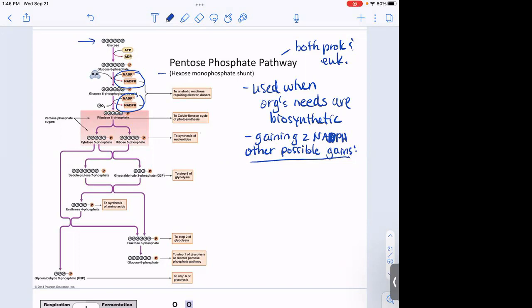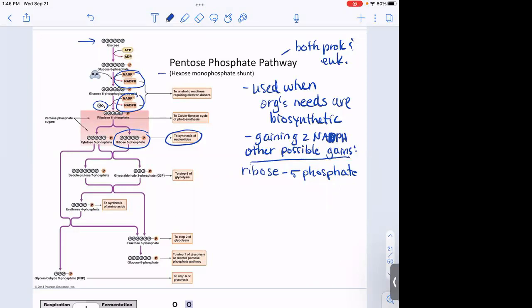If it needs to synthesize nucleotides, then we might lose a carbon right here by a decarboxylation and end up with this 5-carbon ribose 5-phosphate. Okay, pentose sugars like deoxyribose, ribose in DNA and RNA.